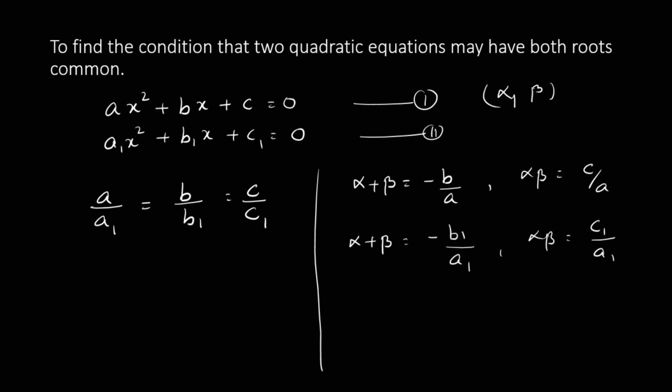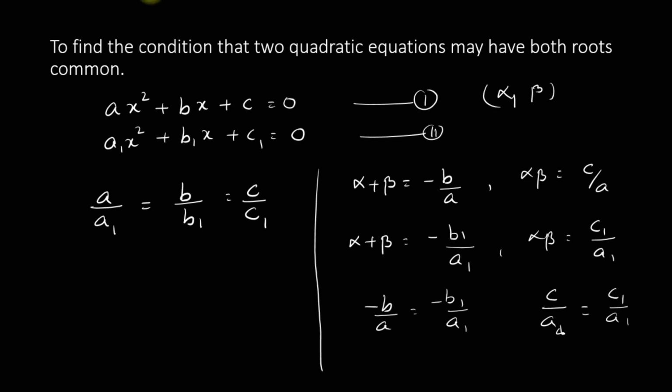Now from the sum of roots we have minus b over a equal to minus b1 over a1, and from the product of roots we have c over a equal to c1 over a1.